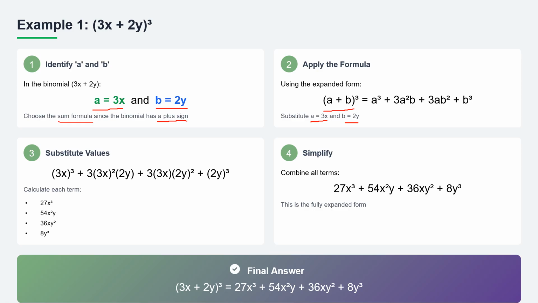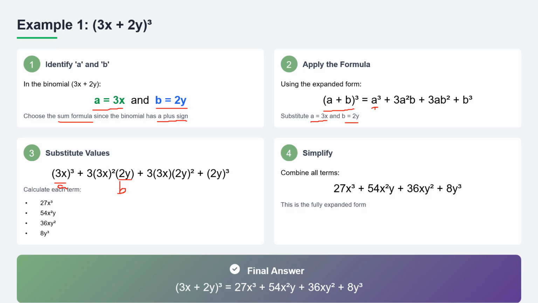Again, your a will be replaced by 3x. So 3x raised to 3 plus 3 times 3x squared times 2y plus 3 times 3x times 2y squared plus 2y cubed. 3x is your a, while 2y is your b.